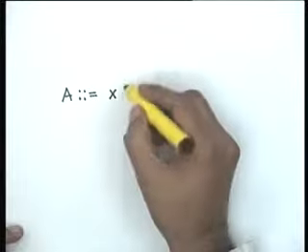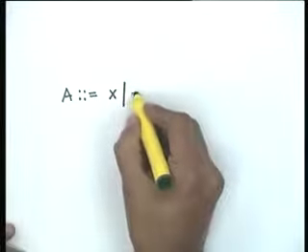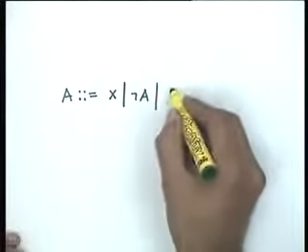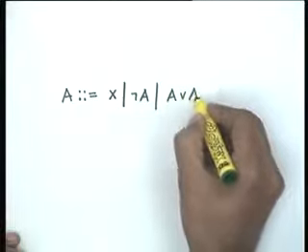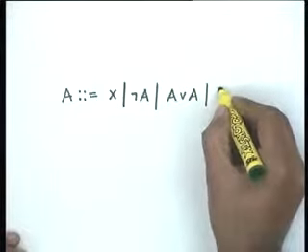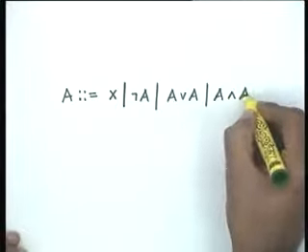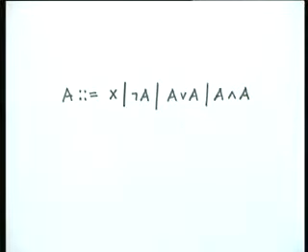And just these operations: not A, A or A, A and A. There is nothing which tells me that I should have true and false in the language at all.